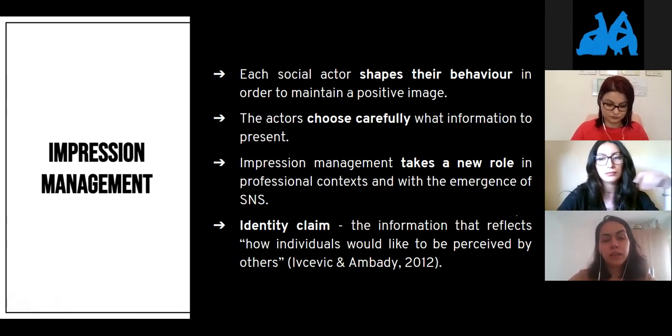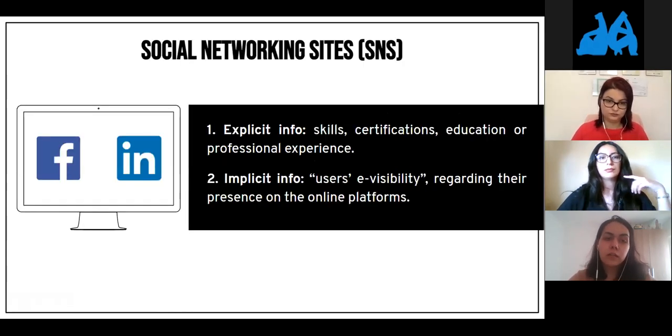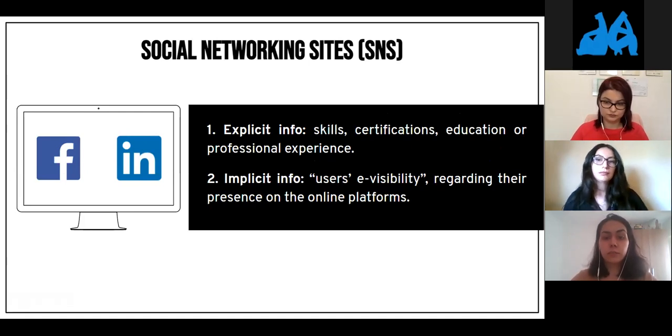One of the main terms used in impression management theory is identity claim, which refers to the information that reflects how individuals would like to be perceived by others. Moving on to the next slide, we know that each social networking site has its own particular traits. For example, LinkedIn is usually seen as a more professional platform, while Facebook or Instagram are seen as more relaxed.